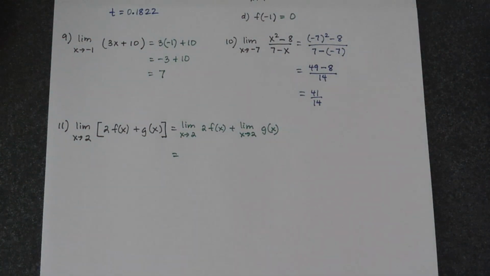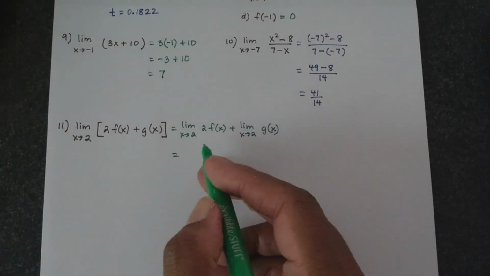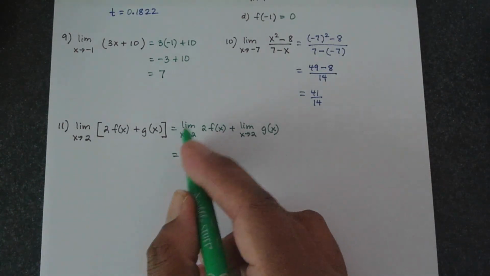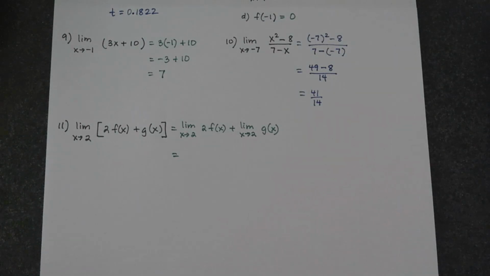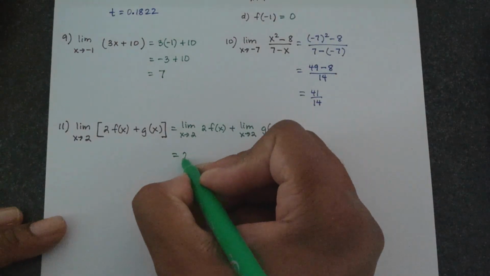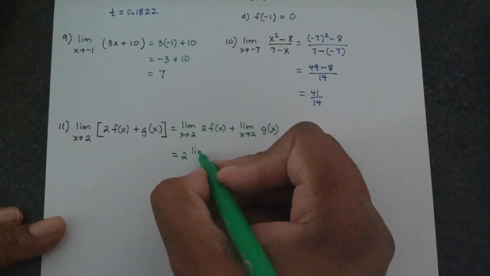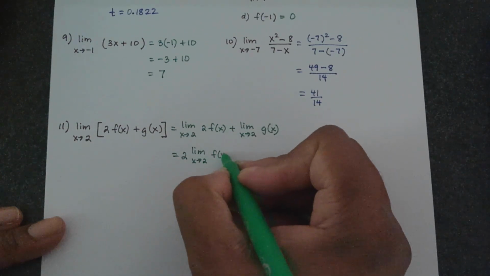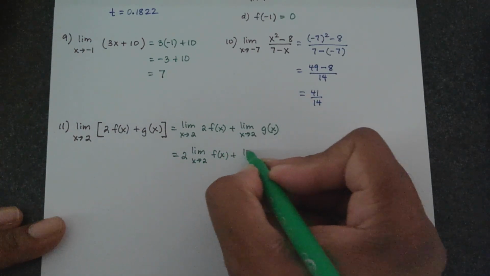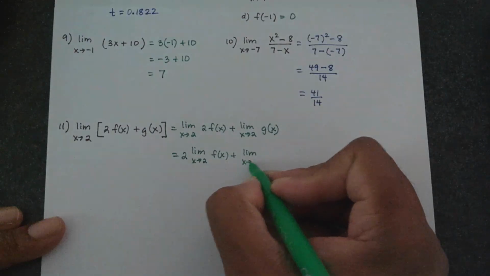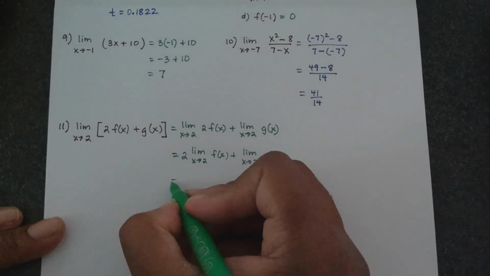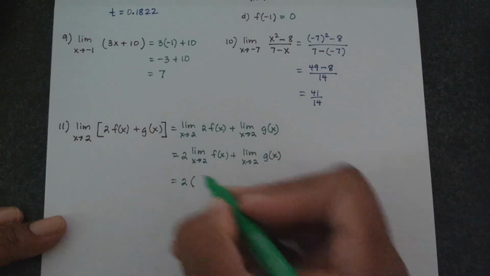Now I can use one more property, what they call the constant multiple rule. That 2 right there can be pulled out in front of the limit notation. So it'll be 2 times the limit as x approaches 2 of f of x plus the limit as x approaches 2 of g of x.